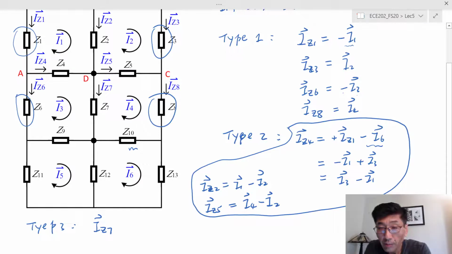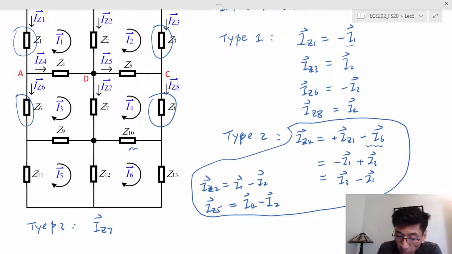The I sub z7, this is the kind of inner element, right? So this is shared by two meshes, and neither of these nodes is connected to the most outside node, right? So in this case we can still write the KCL equation at node number D, and I sub z7, that's the leaving current, right?